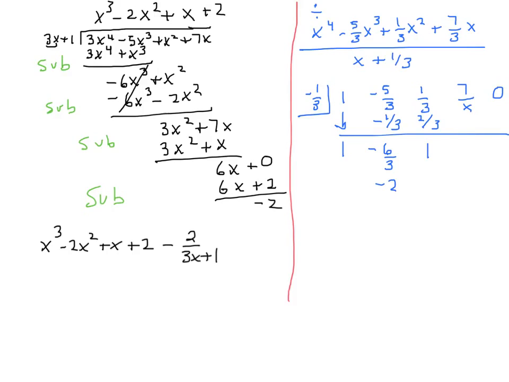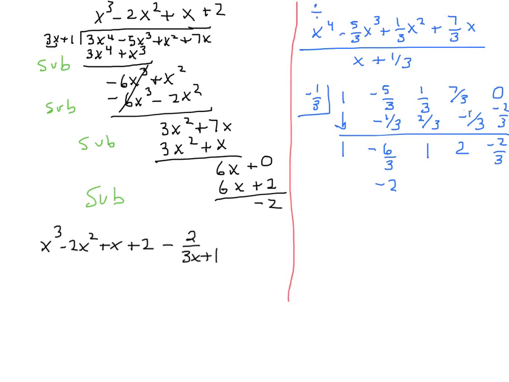Negative 1/3 times 1 is negative 1/3, and I don't know why I wrote an x under here instead of a 3. Let me fix this. And we add, and that gives us 6/3, which is 2. And then we multiply. Negative 1/3 times 2 is negative 2/3. And we add, and we get negative 2/3.